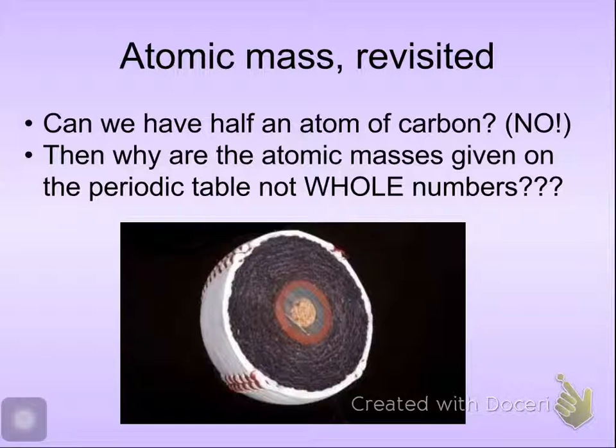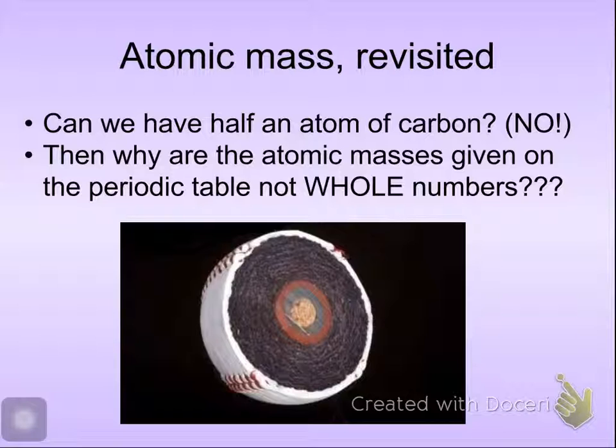Look at chlorine. It's atomic number 17. What's the atomic mass of chlorine? 35.4527. Yeah, 35.4527. It's like 35 and a half almost. How can you have an atomic mass that's 0.45?